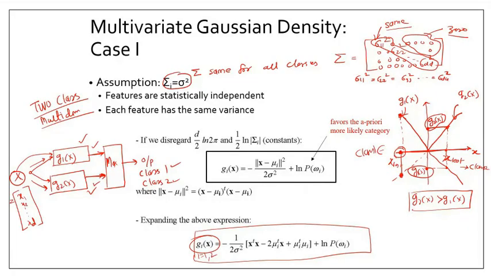The earlier input belongs to class 2. So what is happening due to these two planes is that the space is now divided into two halves. From this point onwards, this is class 1, and from this point onwards it is class 2. What if g_1(x) is equal to g_2(x)?